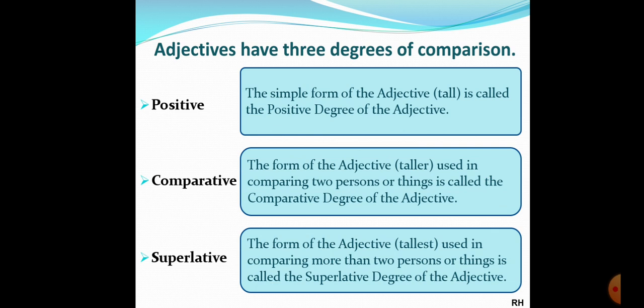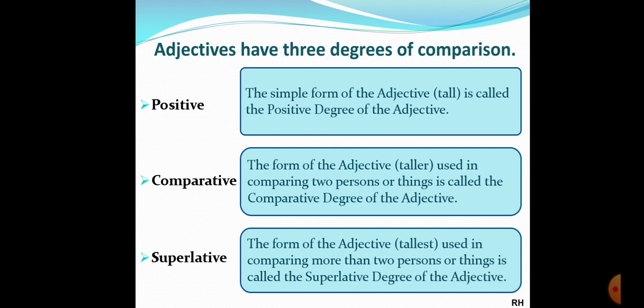We use the superlative degree when we want to compare more than two persons or things. For two, we do comparative, right? When you want to compare more than two, we use the highest, the most degree of adjective, that is the superlative degree. So tall becomes taller in comparative and tallest in superlative, the supreme.